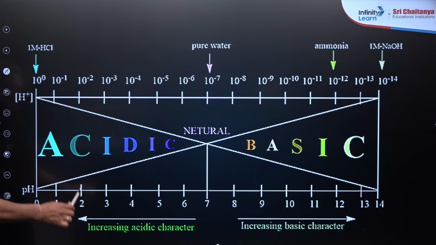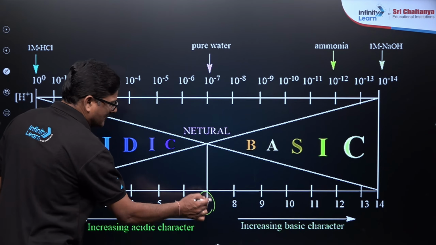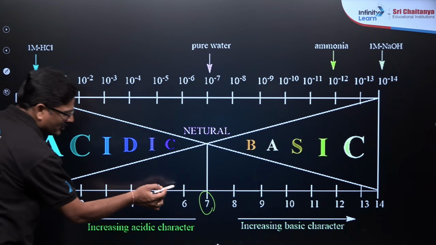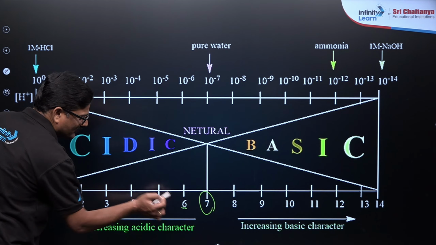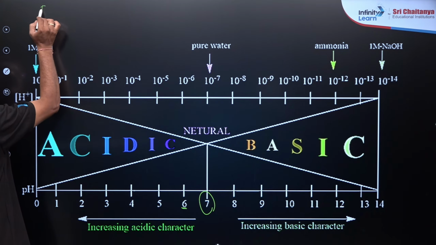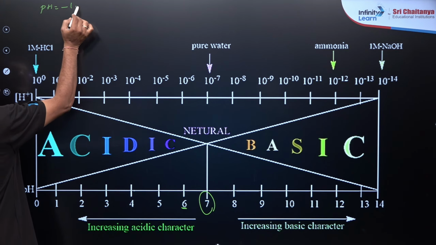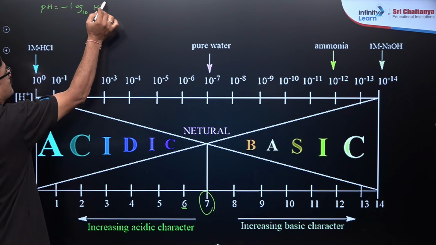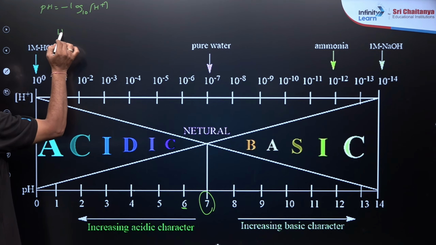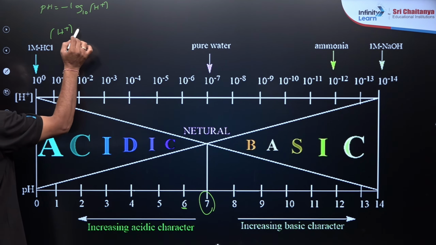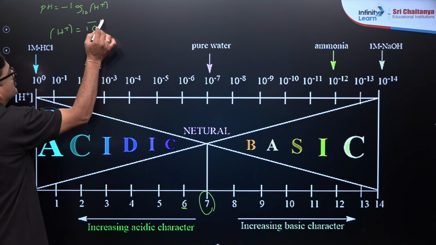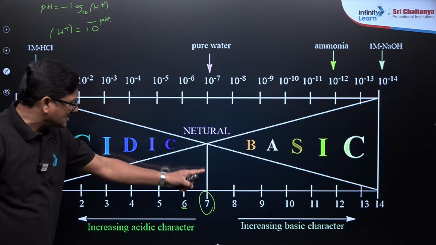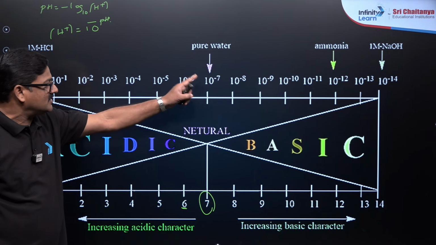When a solution is said to be pH is 7 neutral, if anything is less than 7, मान लो ये pH 7 होगा, pH 6, pH is equal to negative log to the base 10 of H plus ion concentration मैं बोल चुका. So H plus concentration आपको आ सकता है 10 to the power of minus pH. So ताकि इसका pH 7 है ना, इसका H plus ion concentration 10 power minus 7 होगा.